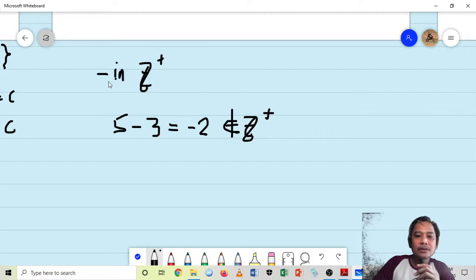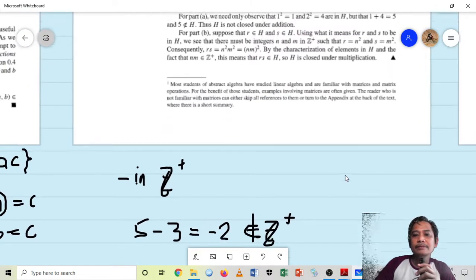Meaning, subtraction is not a binary operation in Z plus.